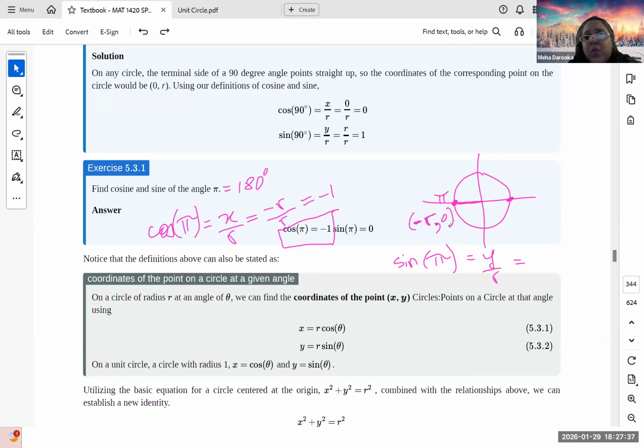Of course, your y value is 0. So 0 divided by r will give you 0, right? So you can see basically you would end up with negative 1 for the cosine value and 0 for the sine value. Pretty much the same thing as the previous example, but you just changed the angle and brought it down to the x-axis.